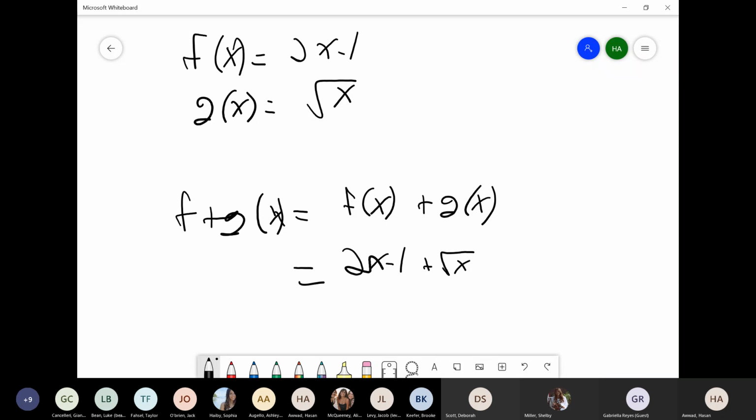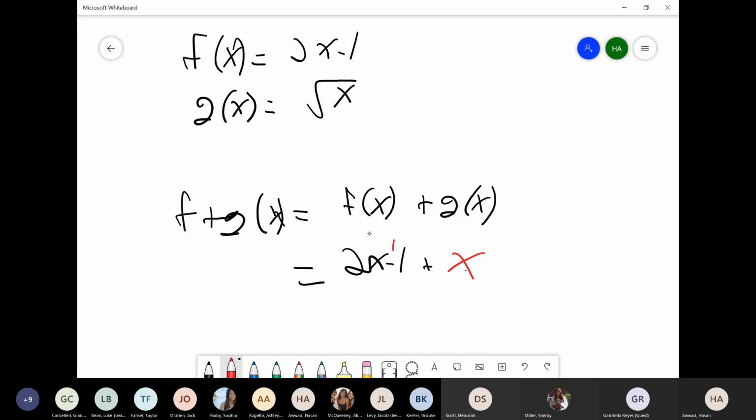And when you get to this point, you should ask yourself, is there anything else that I can simplify? And the answer is no, you can't add anything. If, hypothetically, please understand this is only hypothetical, so I'm going to write this in red, if g of x was just an x, not a square root of x, then yeah, you could do some condensing. Why can you do that?